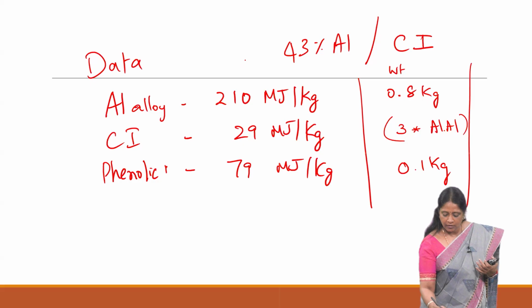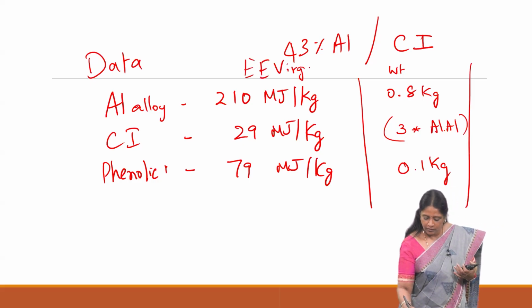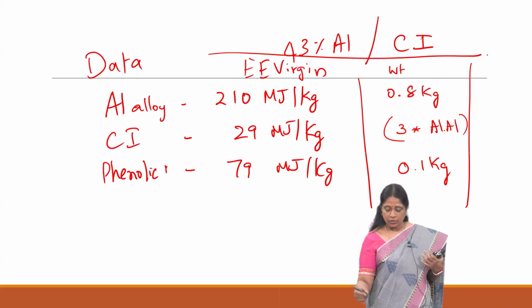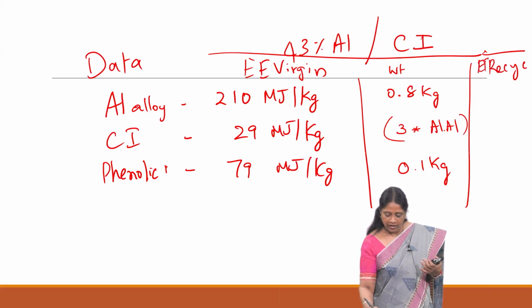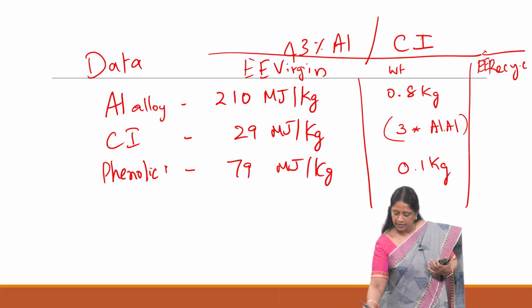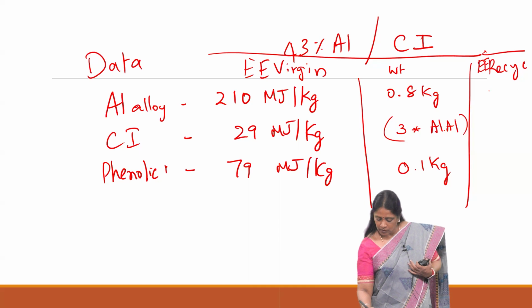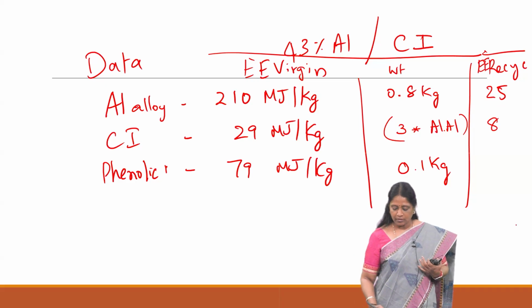This is the embodied energy of virgin material. We call it virgin material if it is first time use, and then recycled. The embodied energy of the recycled material is 25 and 8, same units.